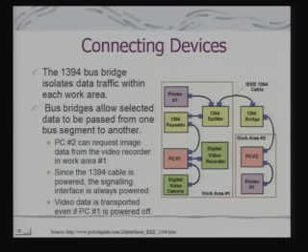In fact, we have seen that also for the bridges that we use in bus architectures. What does that mean? That means I can have communication in this work area independent of the communication in work area 2, but at the same time I can also communicate between the two work areas. So, bus bridges allow selected data to be passed from one bus segment to another.